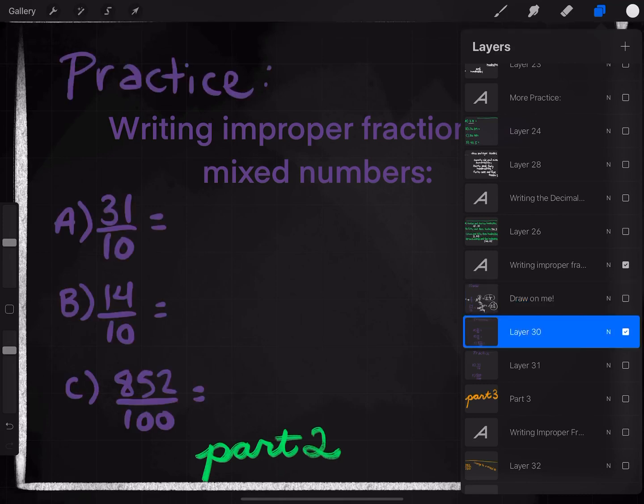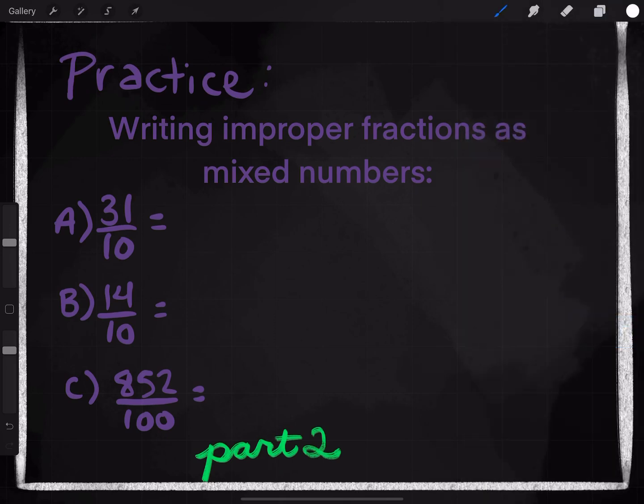Okay, so go ahead and try these as a bit of a practice problem. Hopefully you can pause the video and try. Okay, so for this one we'd end up with 3 and 1/10. This one we would end up with 1 and 4/10.